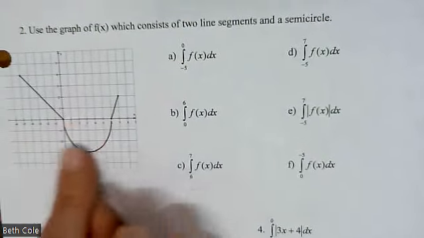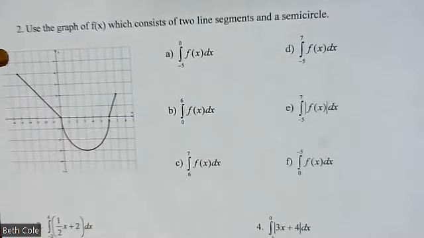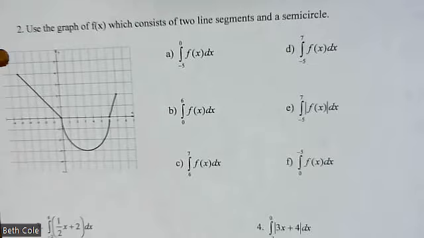So if you get a half circle, it's 1/2 pi r squared. I've also seen them do a quarter circle. That would be 1/4 pi r squared. And then a trapezoid: 1/2 height times base 1 plus base 2. Okay, so those are all your basic shapes.